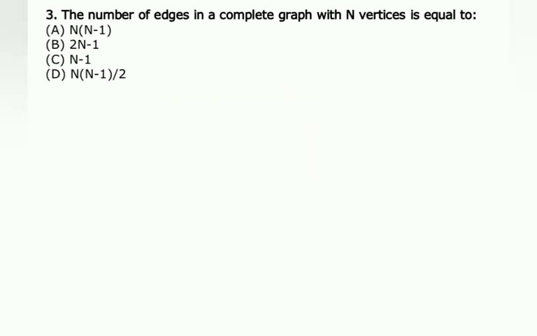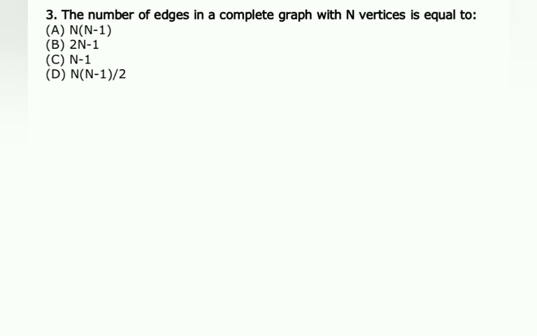Next, the number of edges in a complete graph with n vertices is equal to. In an undirected graph, each edge is specified by its two endpoints and order doesn't matter. A complete graph means every vertex is connected to every other vertex in the given graph.